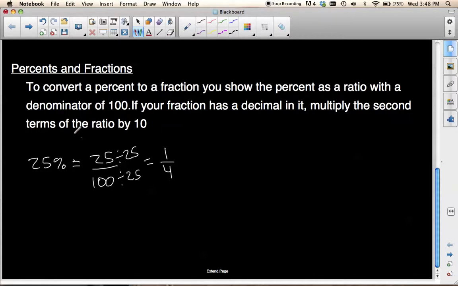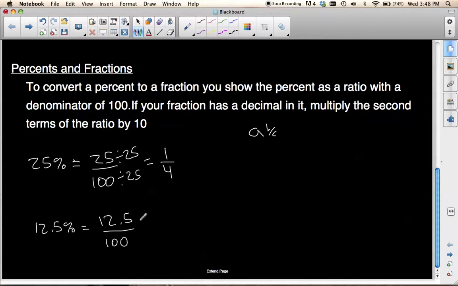But that's only if we have a number that's not a decimal. What happens if we have a decimal number? So what happens if we have something like, let's say, 12.5%? Well, I could have 12.5 over 100. But on some calculators, your fraction button, which is written as A b/c, won't work with percentages, won't work with decimals.